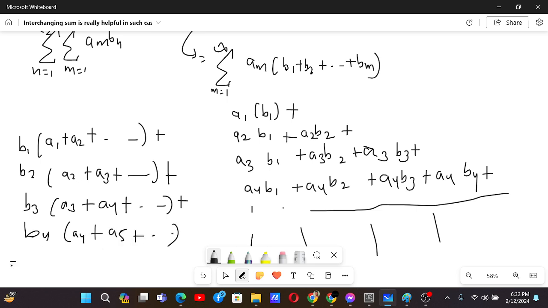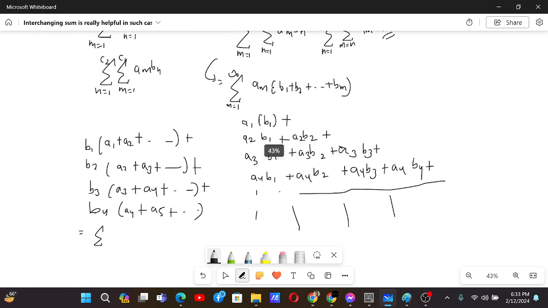Now you can write this as n going from 1 to infinity, and for m, if n is 2, it's going from 2. So I can write this as m equals n to infinity.